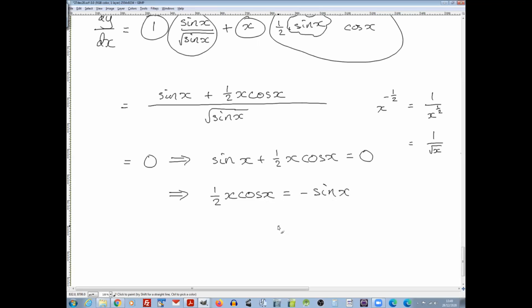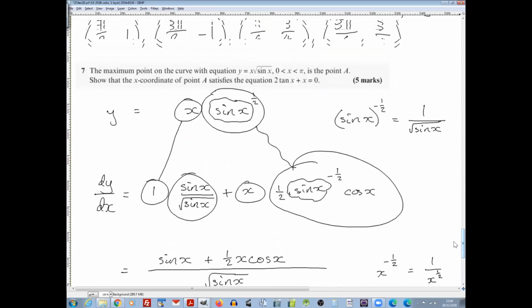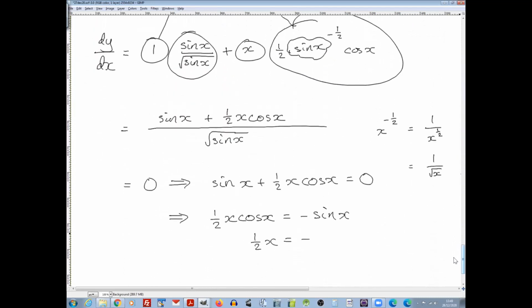I don't know really. Yeah, nor do I. I don't quite know where we're going with this. You could divide both sides by cos. Oh yeah. Actually, they mentioned tan, didn't they? So this is probably the best thing.